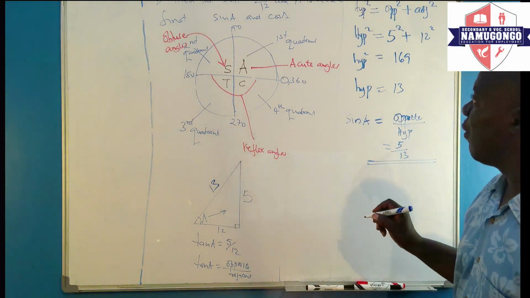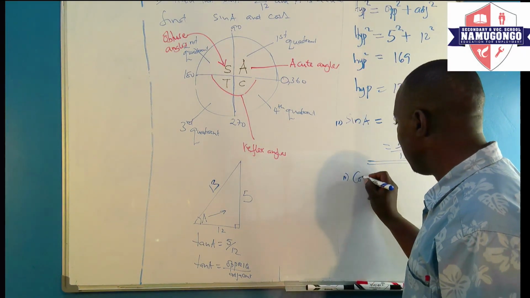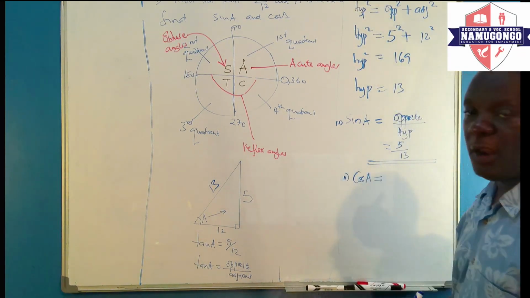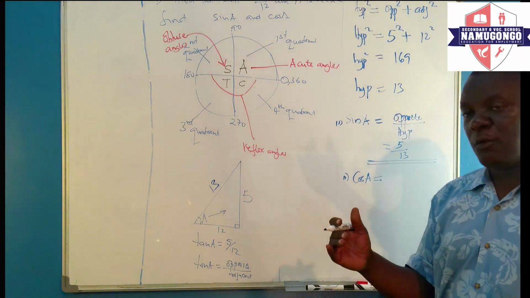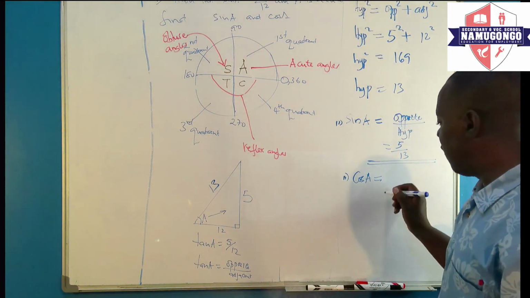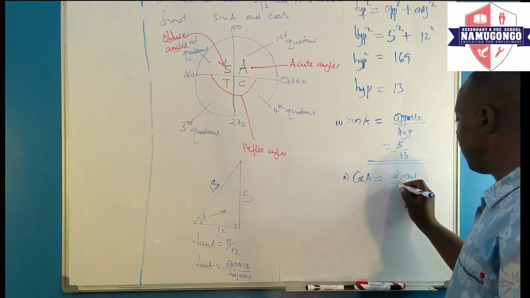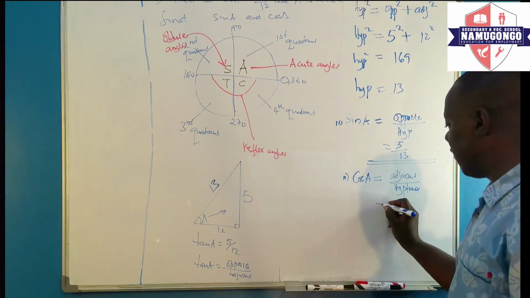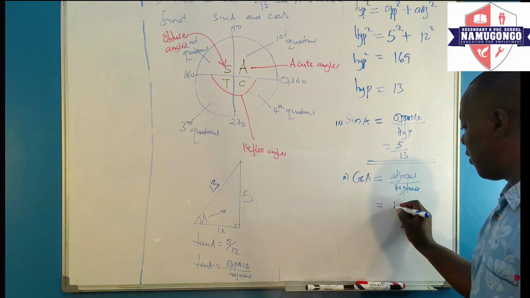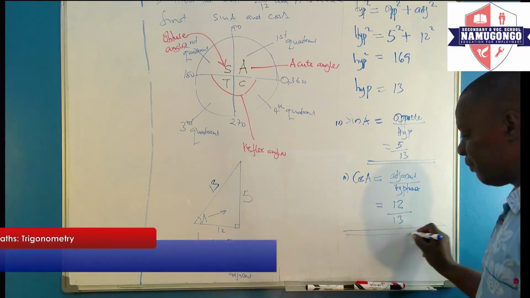Then the second one was cos A. This is Roman 1. Roman 2, we want cosine of A. Again, we go to our SOH CAH TOA. I'm going to use CAH. So this is going to be adjacent out of the hypotenuse, which is, my adjacent is 12, and my hypotenuse is 13.